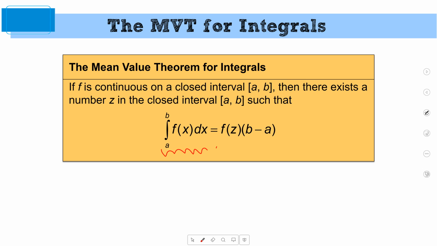The right-hand side is the area of the rectangle. The area under the curve is going to match that average value by melting down. So MVT is frequently referred to as the Meltdown theorem, because you're taking a function and melting it down to find that average value.